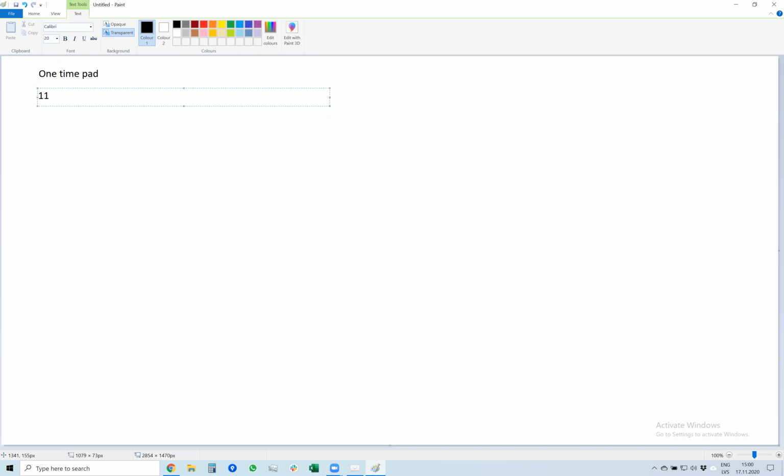I flip it again, it says tails, 0. I flip it again, it's tails, tails, heads, tails, heads, heads, heads, tails, tails, heads, tails, and so on. So this way, you would agree with me that we can actually create a random stream of ones and zeros.